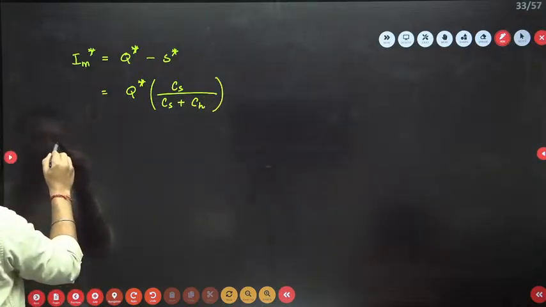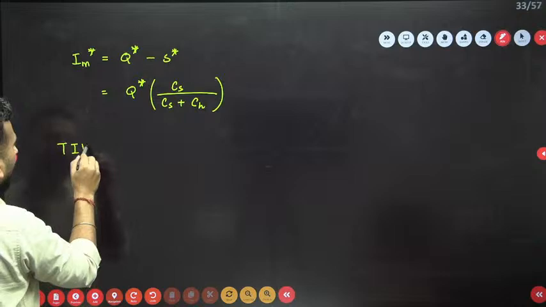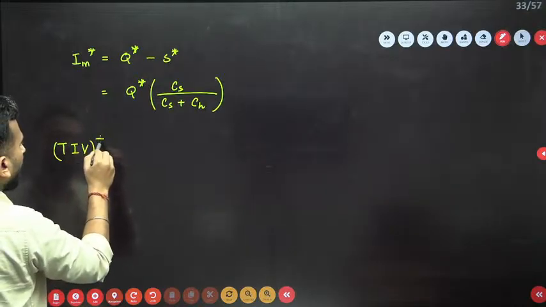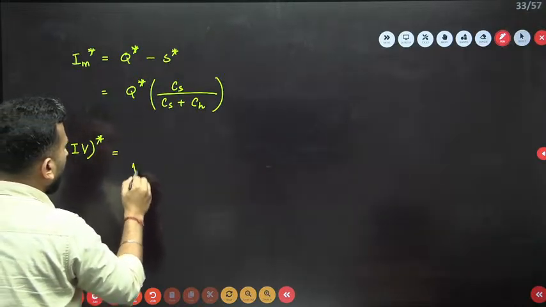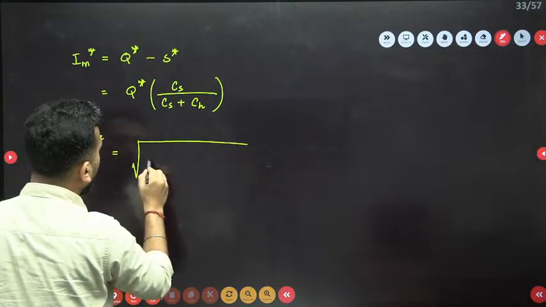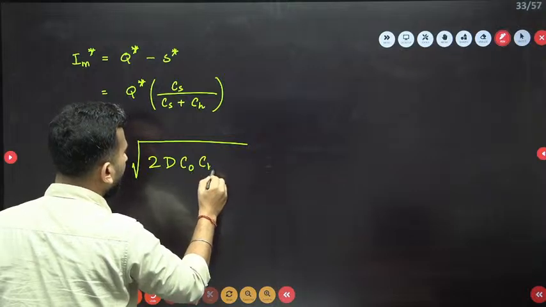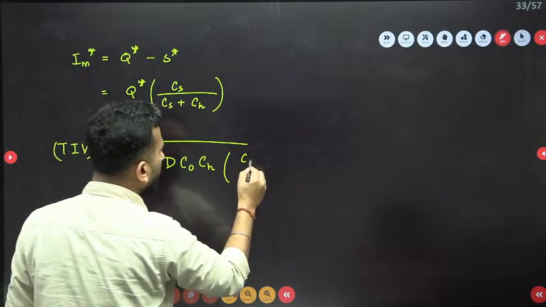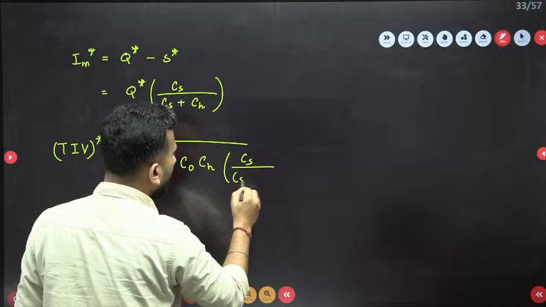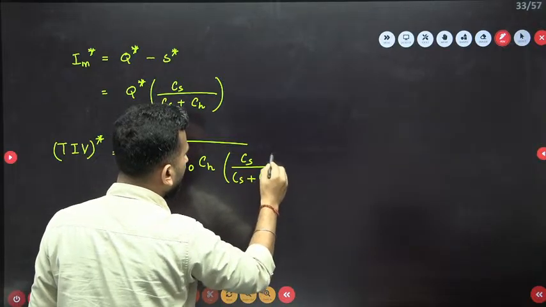And not to forget the final one, that is the total inventory cost minimum. That will come out to be root of 2D C naught CH into CS by CS plus CH.